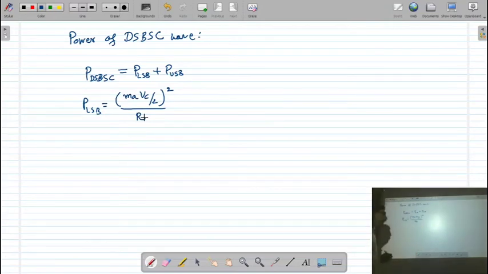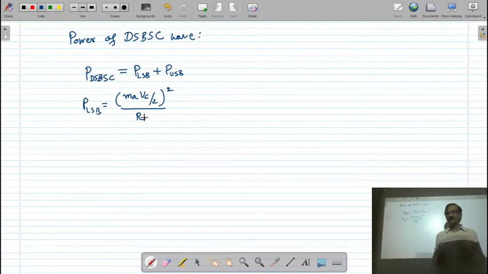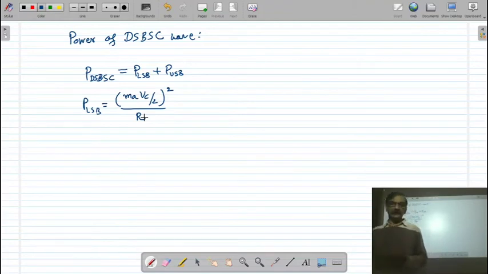Now, maVc by 2 represents a peak value, or the maximum voltage, correct? But I already mentioned that when we are calculating power, we have to calculate the average power, because the peak power is misleading. It is actually just for an instant of time. It is not the power dissipated.